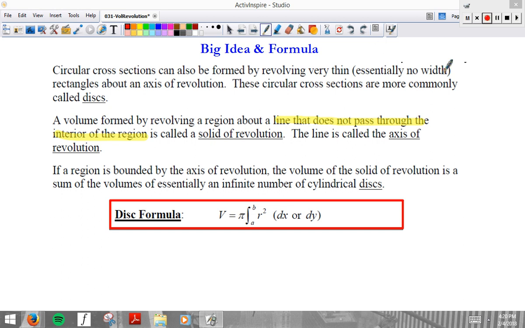So one more time, here's my picture. Let's revolve this little rectangle here around the x-axis. And we're getting a perfect circular cross-section by revolving that rectangle.